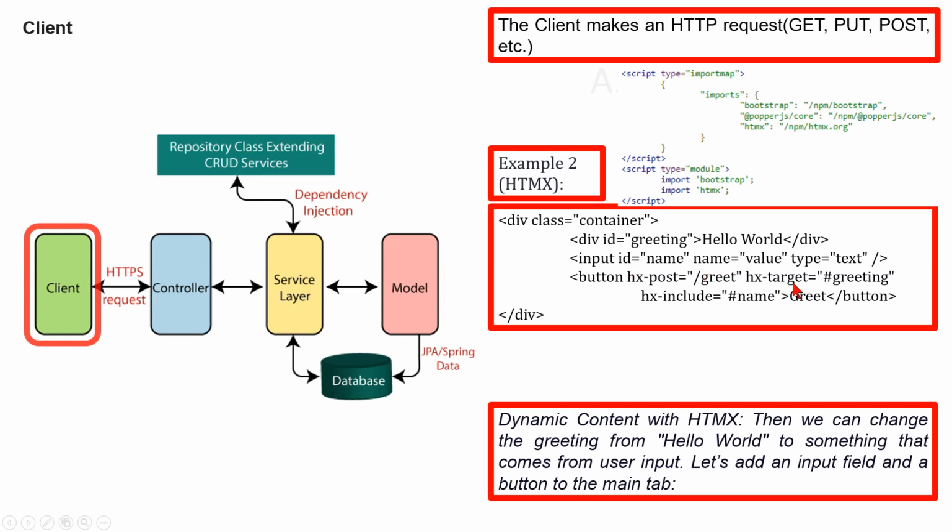Let's add an input field and a button to the main tab. We can add some dynamic content really quickly with HTMX. First, we need the JavaScript library, so we add it as a webjar dependency, and then import it in the index.html.